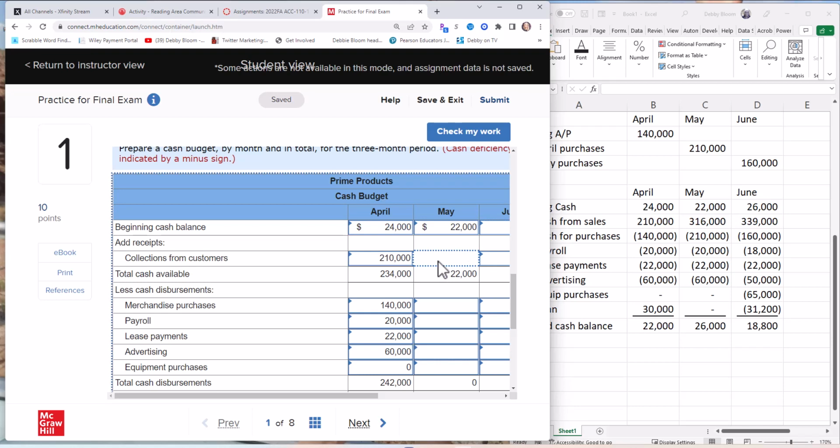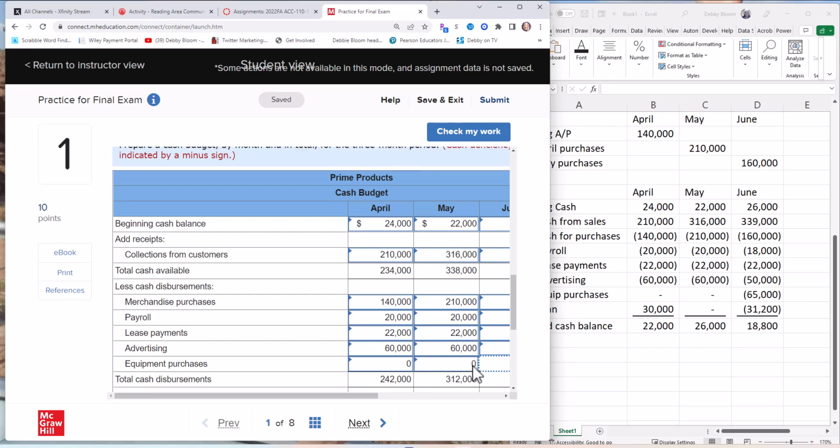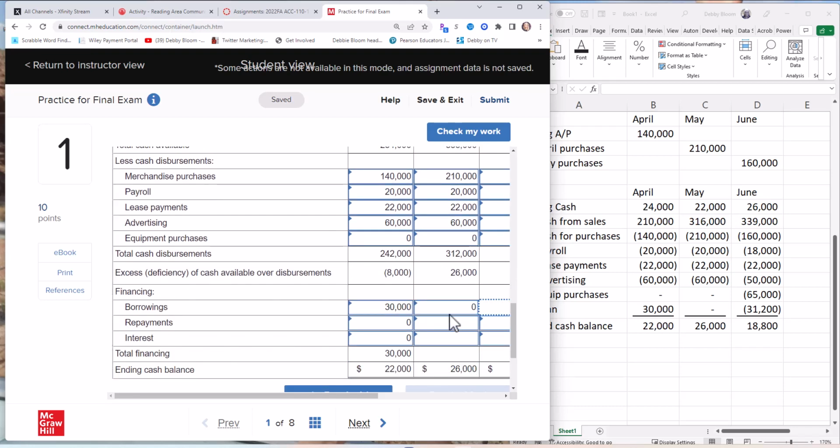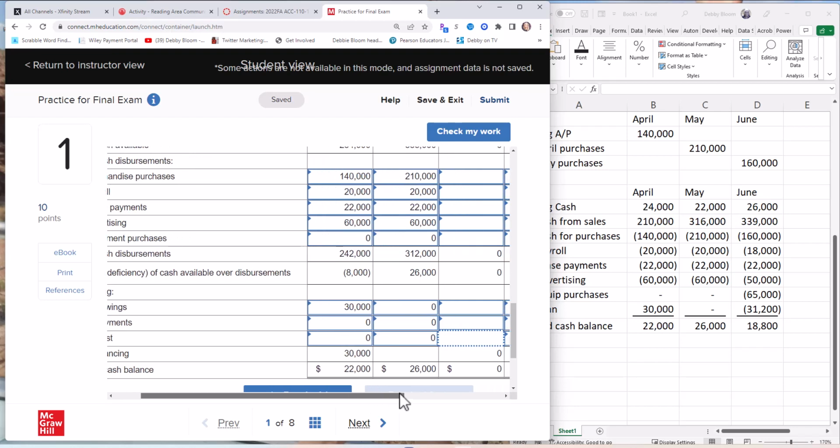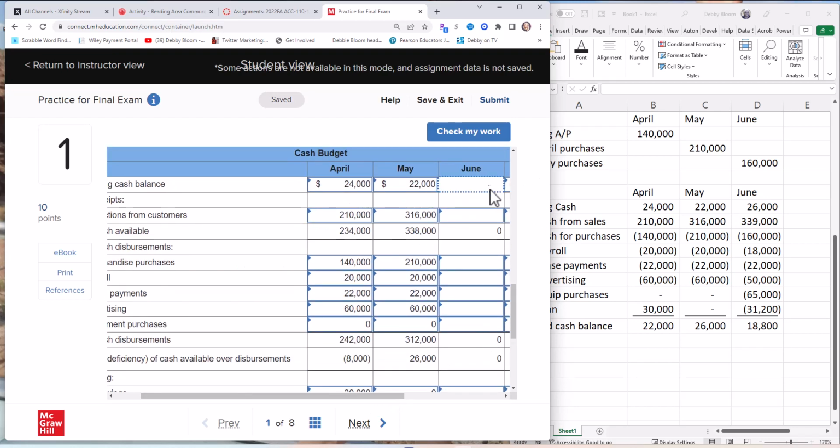We budgeted $316,000 in cash collections, $210,000 in purchases, $20,000 in payroll, $22,000 in lease payments, $60,000 in advertising, $0 in equipment purchases, and in May there's $0 financing, so $0 borrowings, $0 repayments, and $0 interest. So we're going to end with $26,000. If we end with $26,000, we begin June with $26,000.